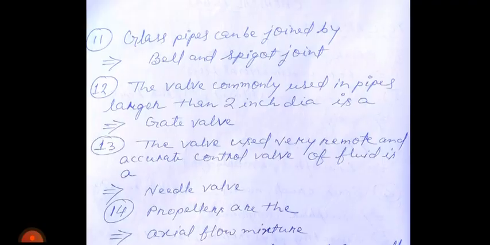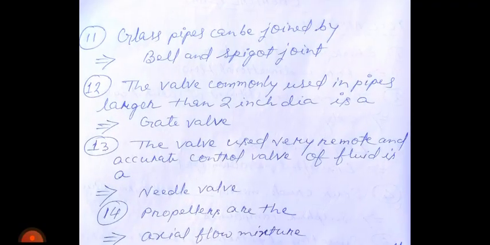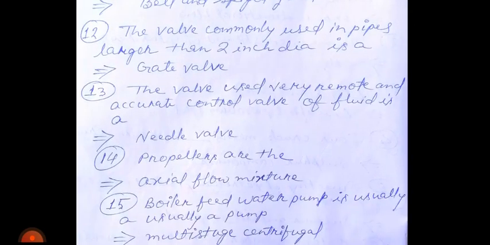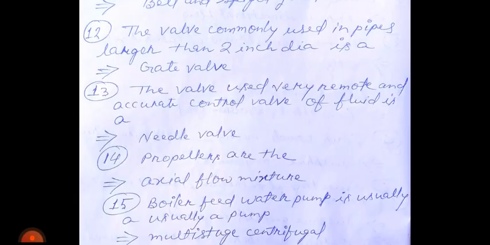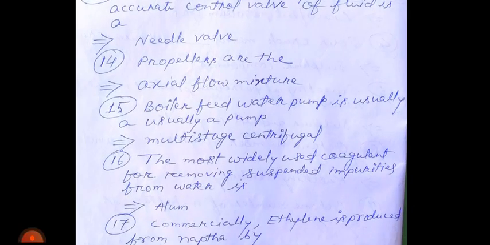Question number 11. Glass pipes can be joined by bell and spigot joint. Question number 12. The valve commonly used in pipes larger than 2 inch diameter is a gate valve. The valve used for remote and accurate control of fluid is a needle valve.